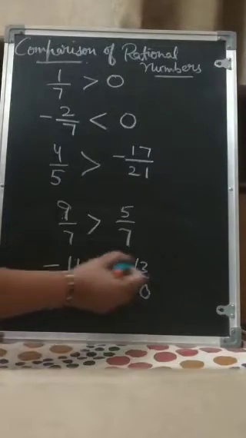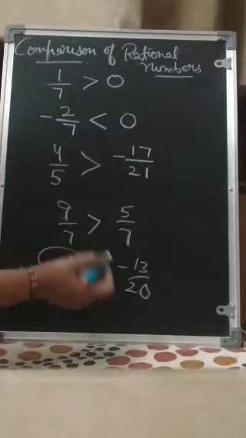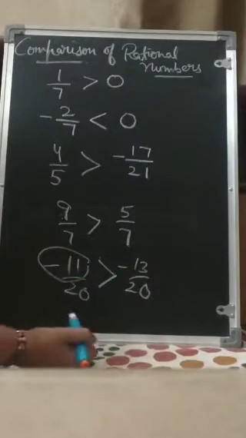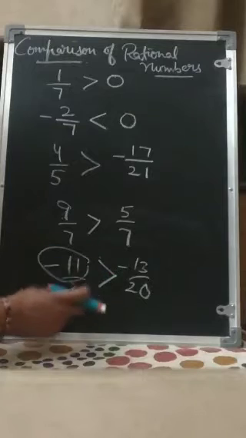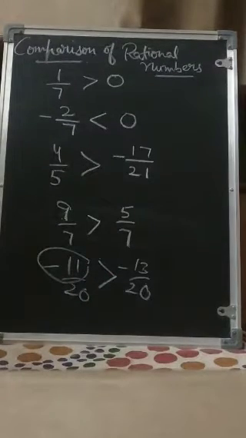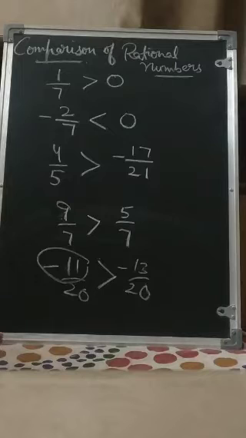Now you compare both numerators. -11 is big. That's why this rational number is bigger than this. So you compare numerators, and whichever is bigger, that rational number will be bigger. In exercise 4F, second question, you have to compare and tell which is the greater number. That question you will do yourself.